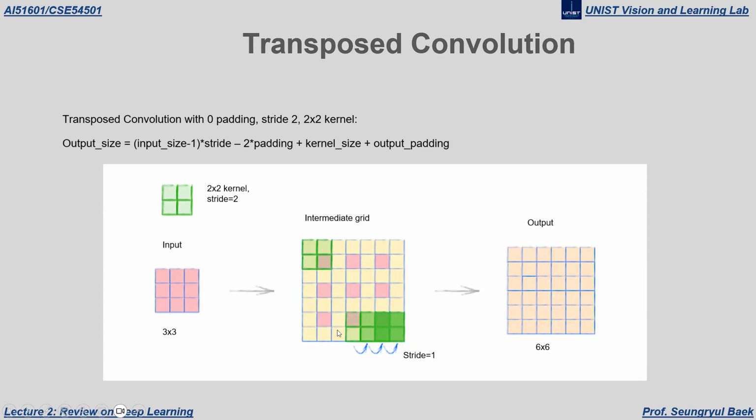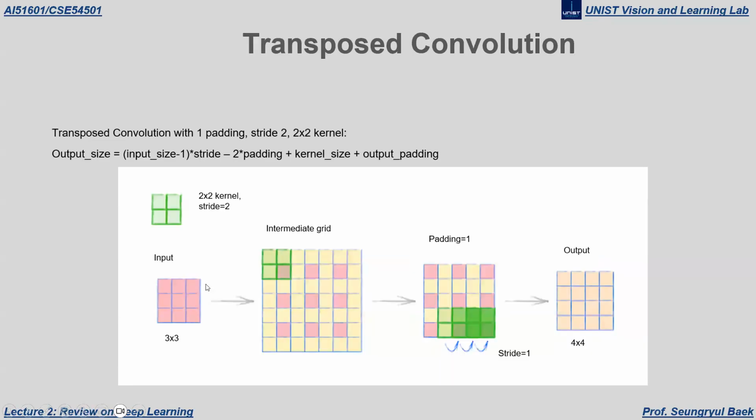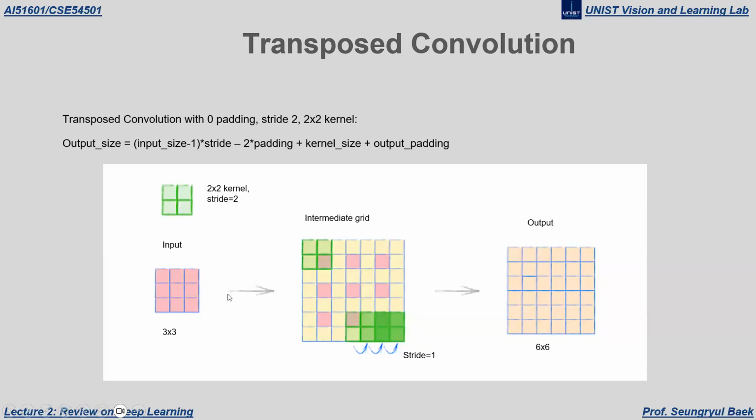So now the input image looks like this, and then they apply zero padding around them. If the stride is 2, in convolution the output size becomes smaller, right? But in transposed convolution, by setting the stride larger than 1, you can even enlarge the input size.